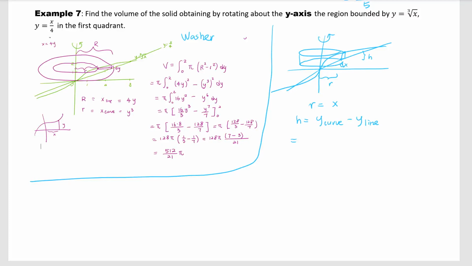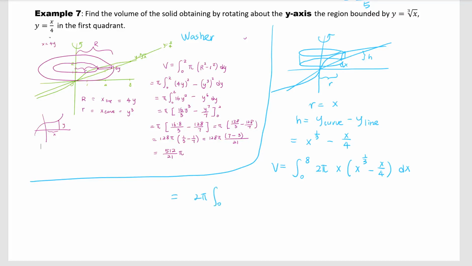Y on the curve is x to the 1/3, cube root of x. And Y on the line is x over 4. Then my volume is, my x goes from 0 to 8, 2 pi r, r is x, h is x to the 1/3 minus x over 4 dx.